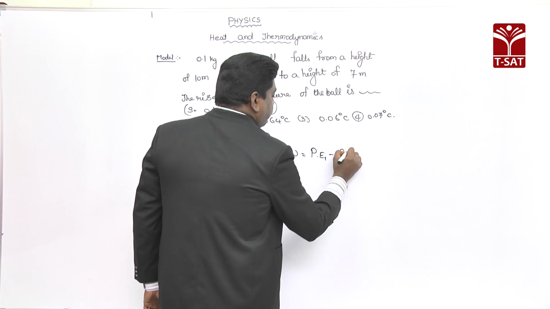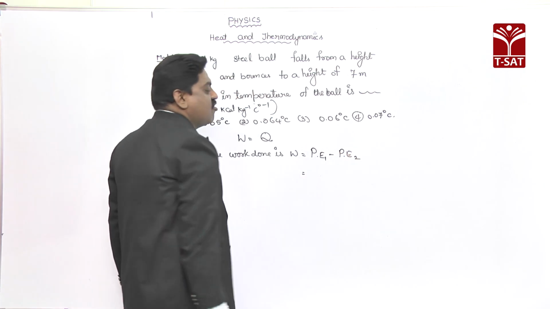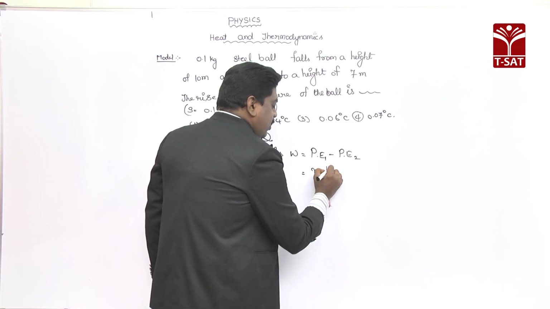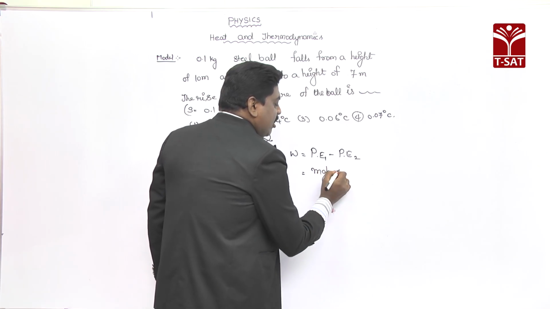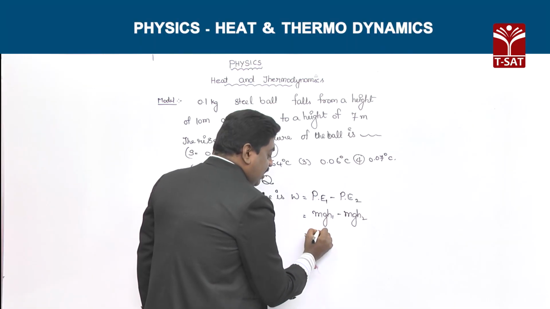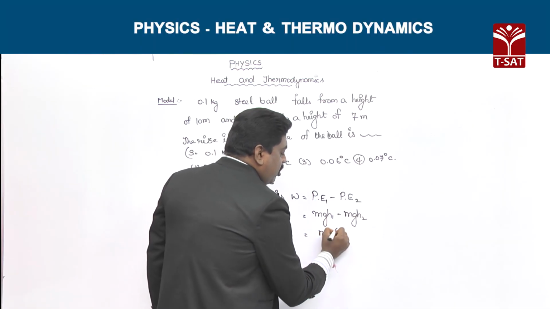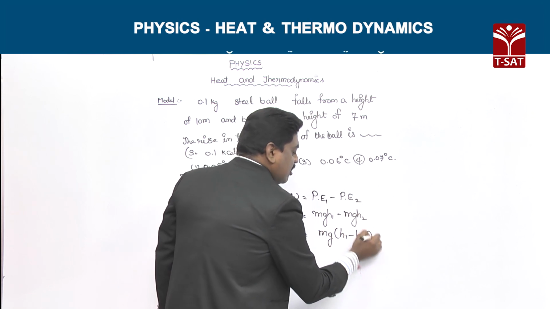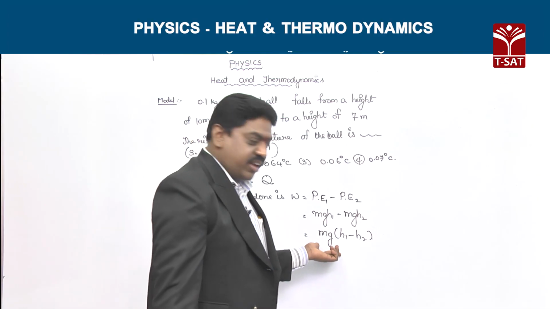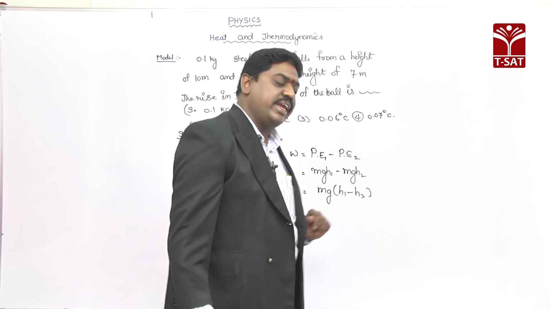PE1 minus PE2. This is the change in potential energy. Initial potential energy is mgh1. Final potential energy is mgh2. The difference of them is given as mg into h1 minus h2. This change in potential energy is converted into heat.